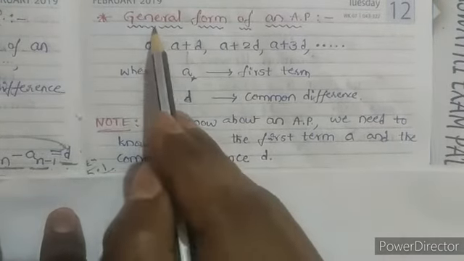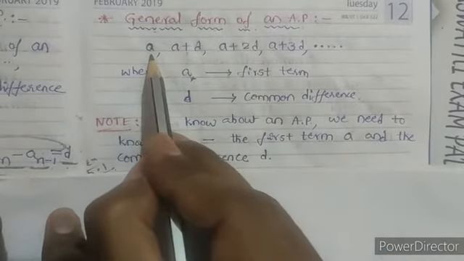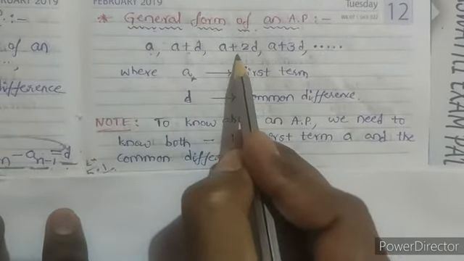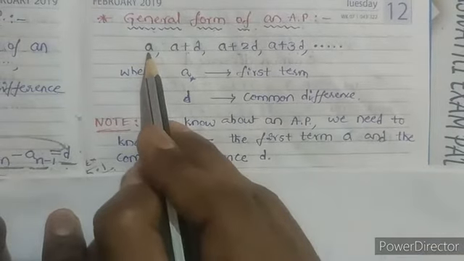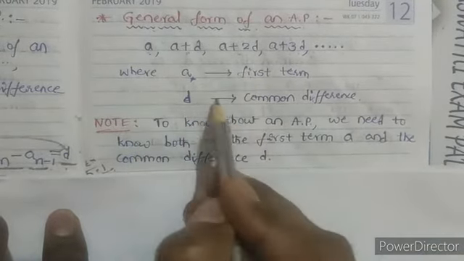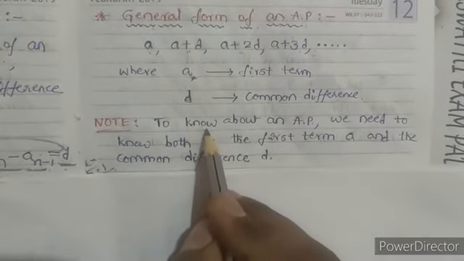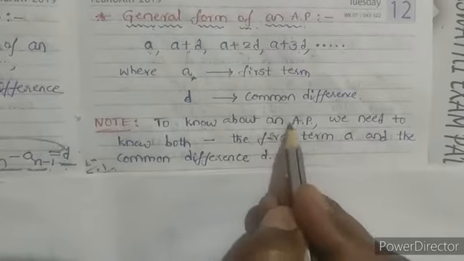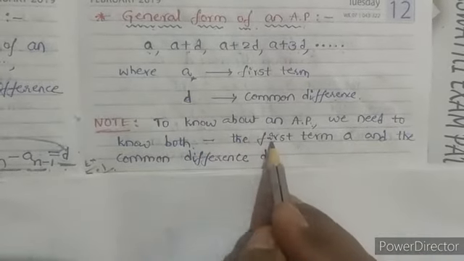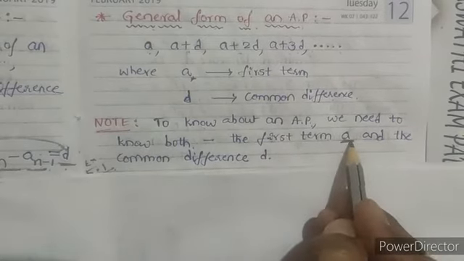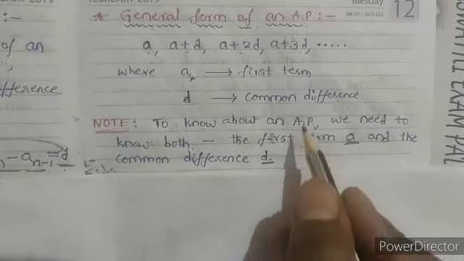So we can write the general form of an arithmetic progression as a, a plus d, a plus 2d, a plus 3d and so on, where a is the first term and d is the common difference. Note: to know about an arithmetic progression, we need to know both the first term, that is a, and the common difference, that is d.